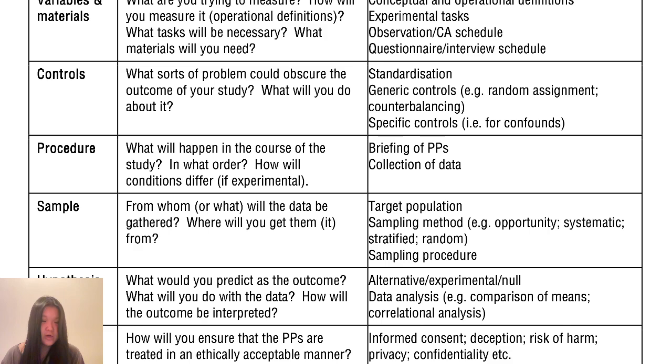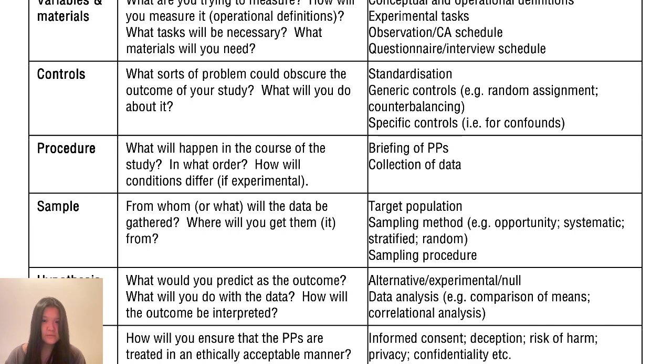Then for controls, it'll be: what sort of problems could obscure the outcome of your study, and what will you do about it? For example, the use of a lab experiment to prevent extraneous variables.